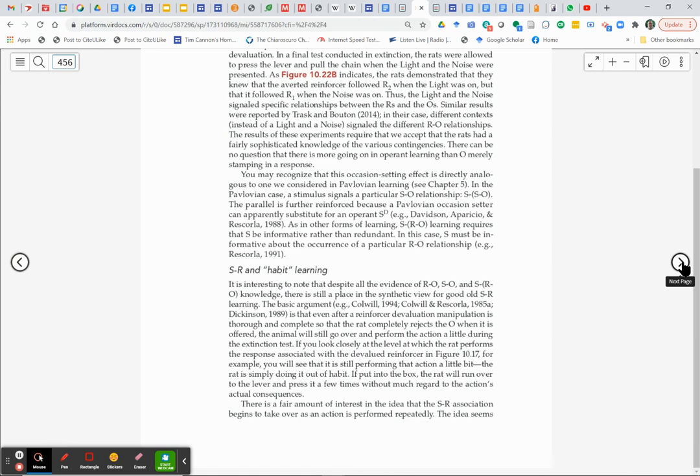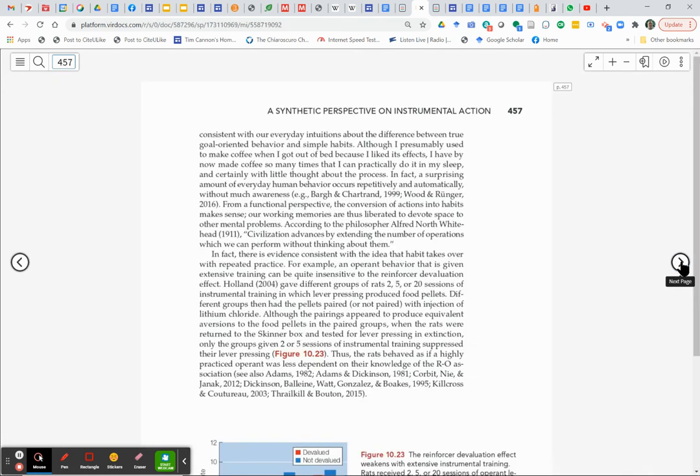And there's Rescorla in 1991, and habit learning, with, again, devalued reinforcers, and the animals will do some things out of habit, and we do that. So it's complicated. There's R-O and old style habit learning.